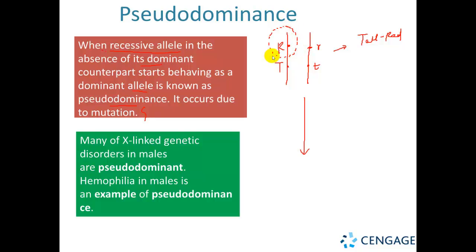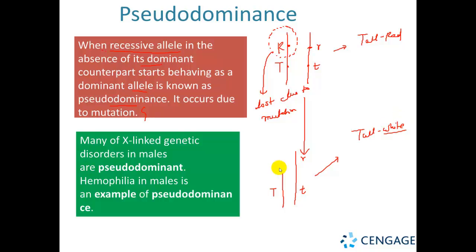This capital R gene is lost due to mutation. So what will happen? In that case, it will be like this. Small r, small t, but here is a capital T. Now the phenotypic expression of this particular plant will become tall white. So here white is going to behave as a dominant allele due to absence of its counterpart. So this is all about pseudodominance.